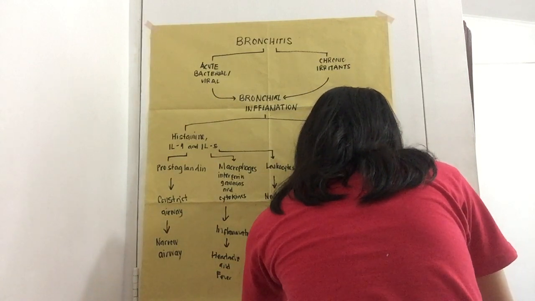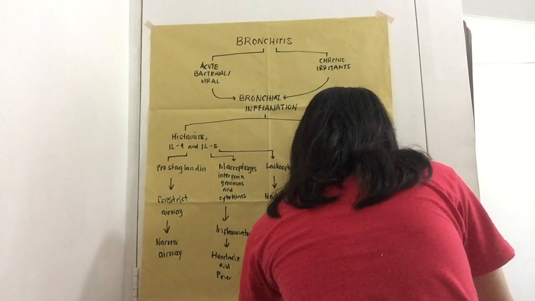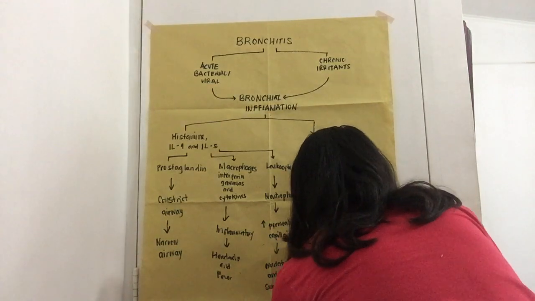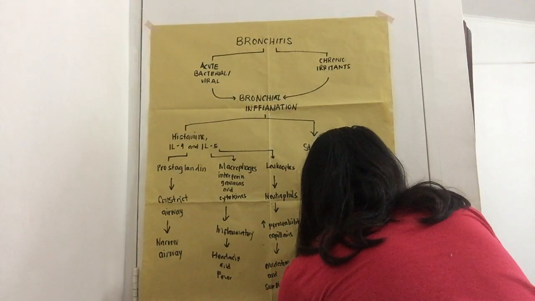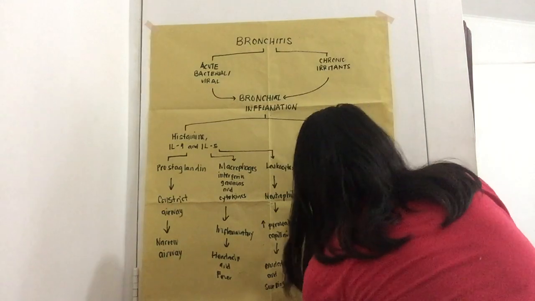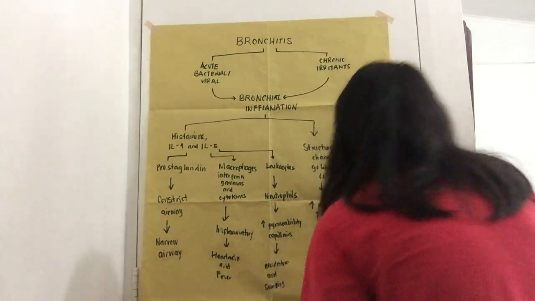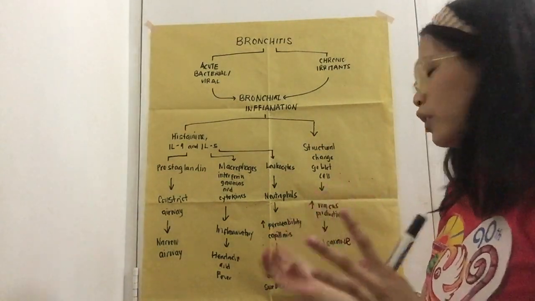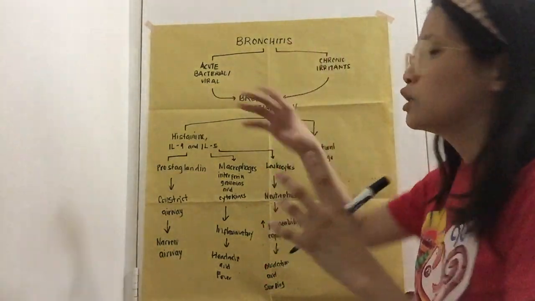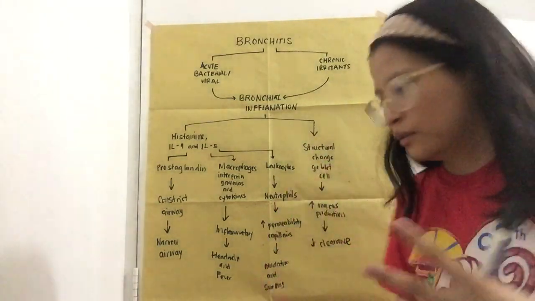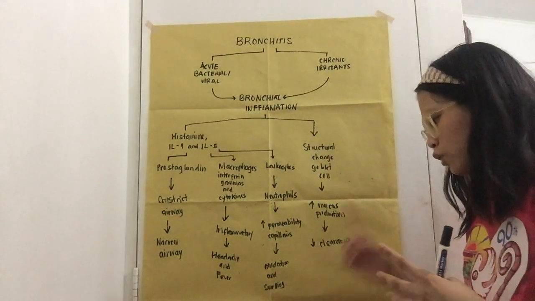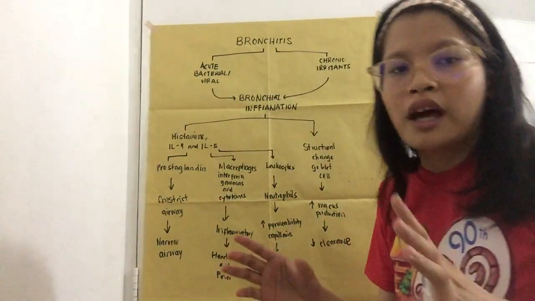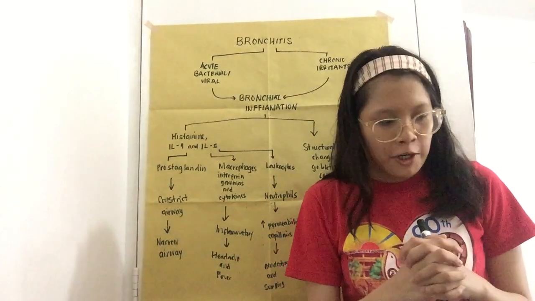This mucus production will decrease mucus clearance. The overproduction makes it much harder for our body to clear this mucus because there is too much for our body to expel. So it will have lower clearance, and our mucociliary transport will have a hard time working.